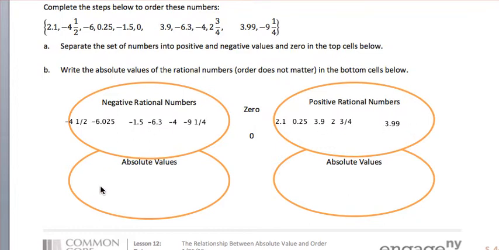Next, we're going to write the absolute values of those rational numbers in no particular order in the cells right below our original cells. And so we have their absolute values in the cells below.